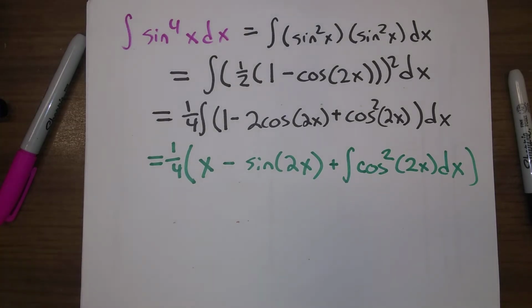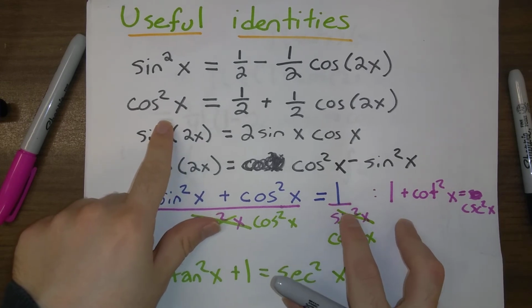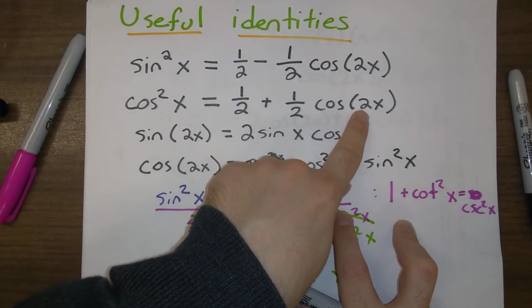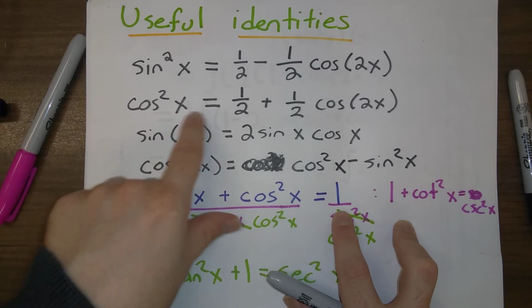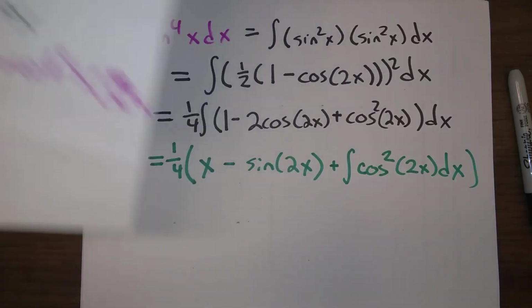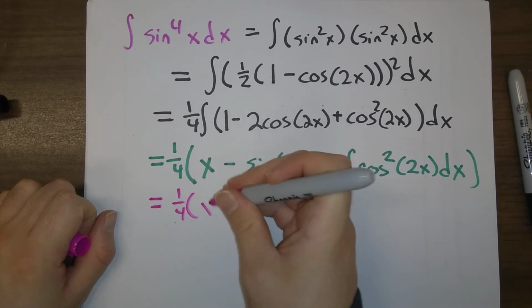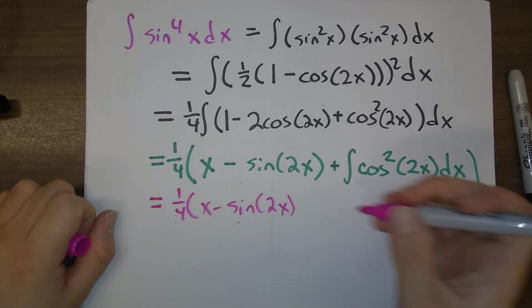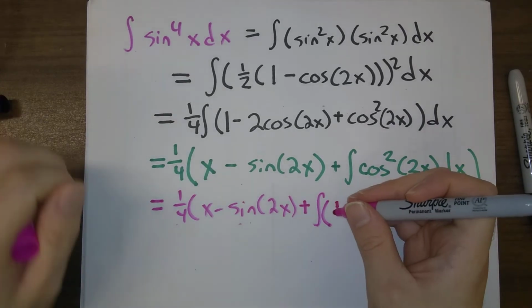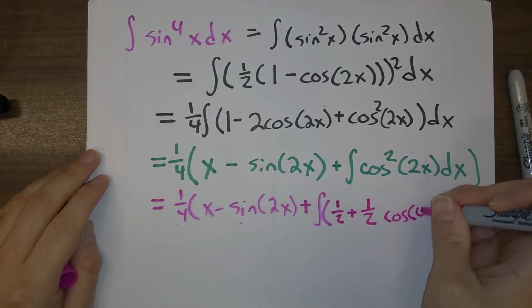Just as we have formulas for sine squared of x, we have formulas for cosine squared of x. Cosine squared of x would be 1/2 plus 1/2 cosine of 2x. Cosine squared of 2x would be 1/2 plus 1/2 cosine of 2 times 2x, which would be 4x. So we can make those changes, and that would be 1/2 plus 1/2 cosine of 4x.